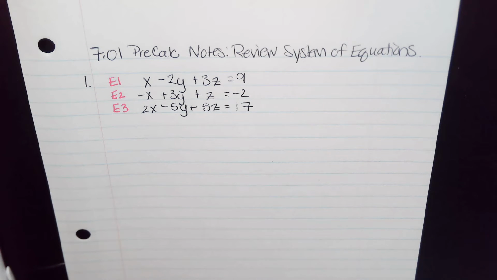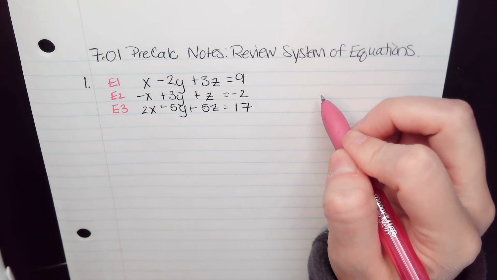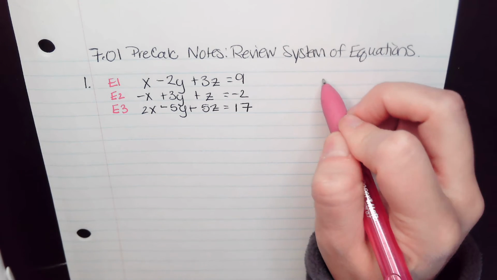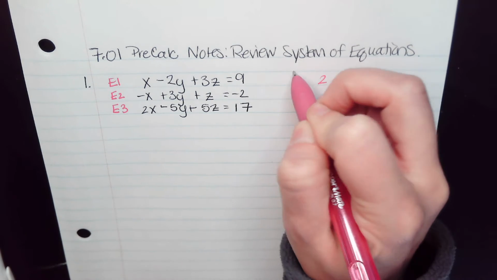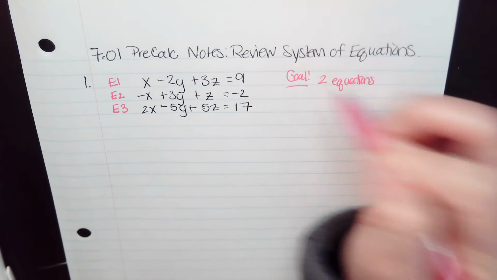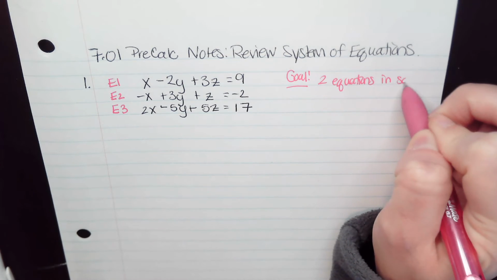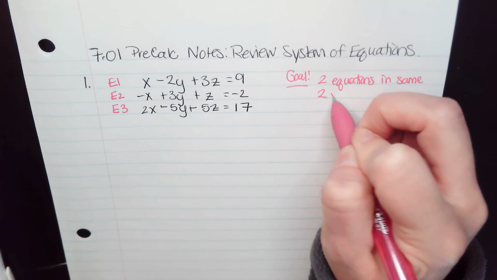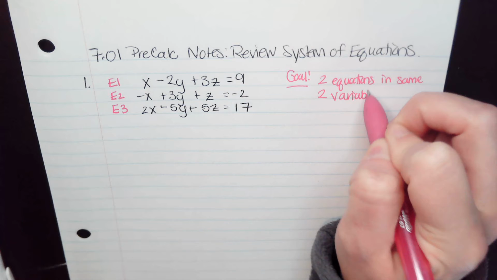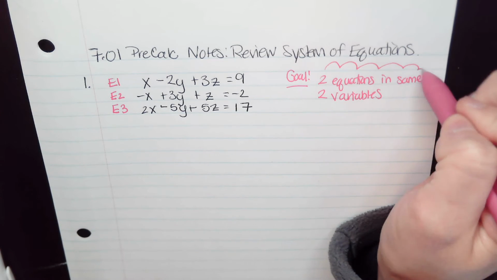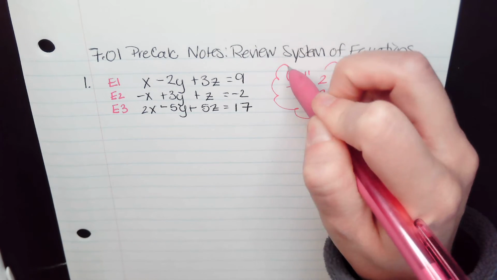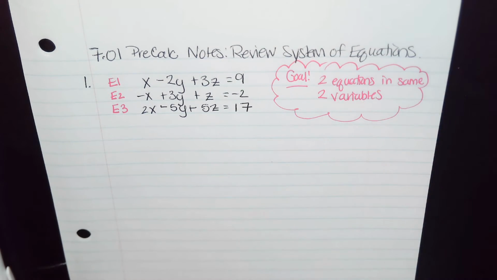One of the main ideas that I want you guys to focus on when you're solving a system of equations is that you need to get 2 equations. This is our goal, to get 2 equations in the same 2 variables. So what I mean by that is if you get an equation that's in x and y, then you need another equation in x and y.